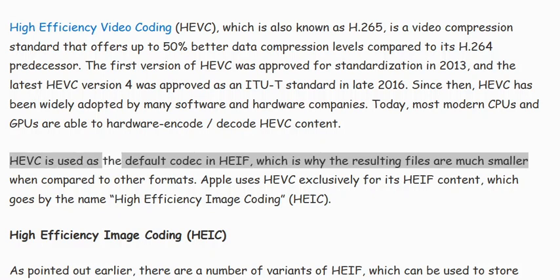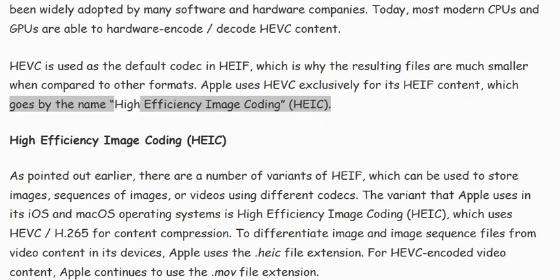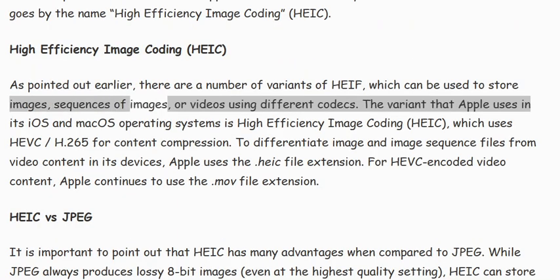HEVC is used as the default codec in HEIF, which is why the resulting files are much smaller when compared to other formats. Apple uses HEVC exclusively for its HEIF content, which goes by the name High Efficiency Image Coding (HEIC). As pointed out earlier, there are a number of variants of HEIF, which can be used to store images, sequences of images, or videos using different codecs.